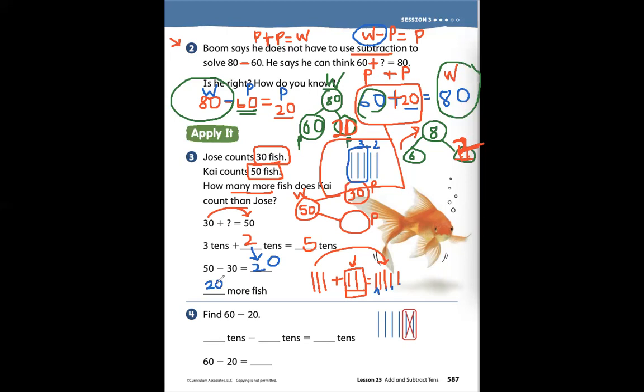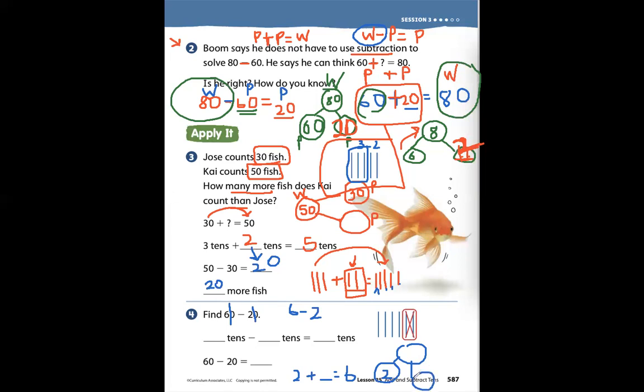Last problem. Find 60 minus 20. Think about it as tens and ones, right? Let's think about it like this. What is 6 minus 2? Or you could do 2 plus what equals 6? You can make your number bond. 2 is the part you know.